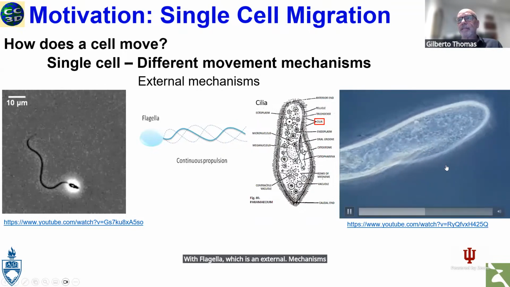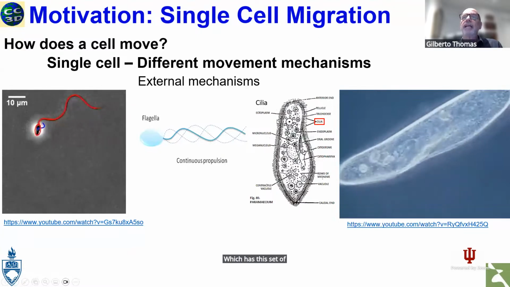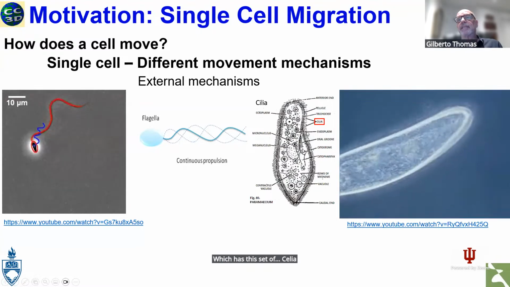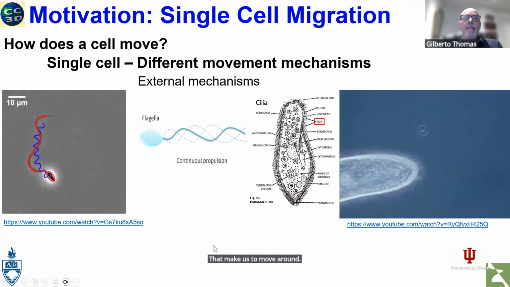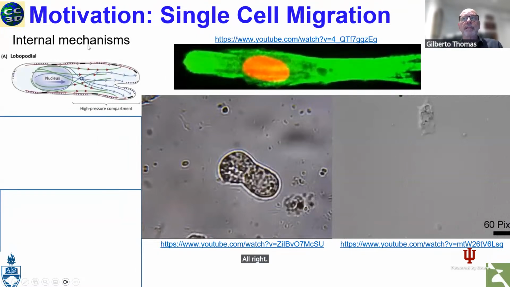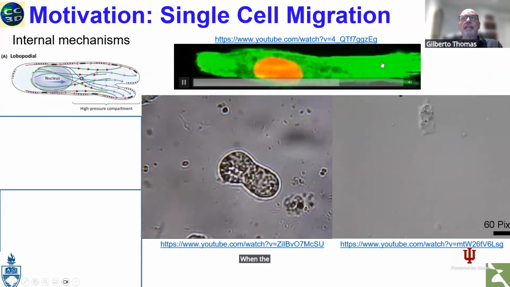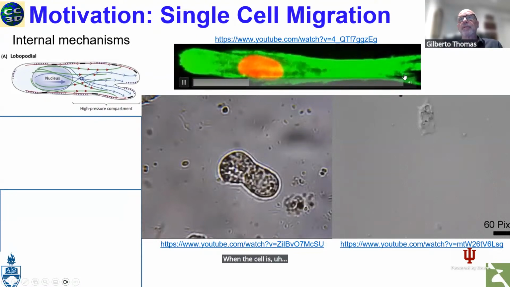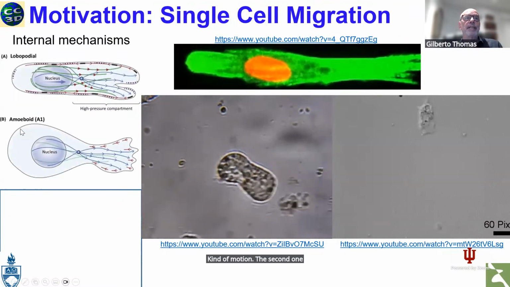The other one is the paramecium, which has this set of cilia around its membrane that makes it move around. But we can also have internal mechanisms, and those that I can enumerate here at least are the lobopodial movement. See, you have this small move here when the cell is in motion with a lobopodial kind of motion.